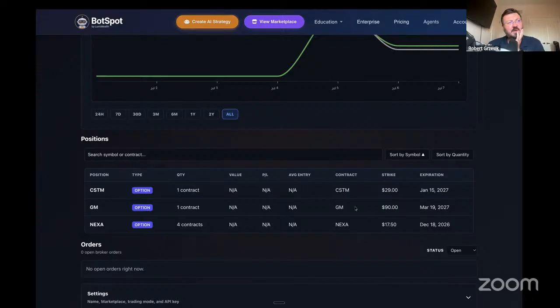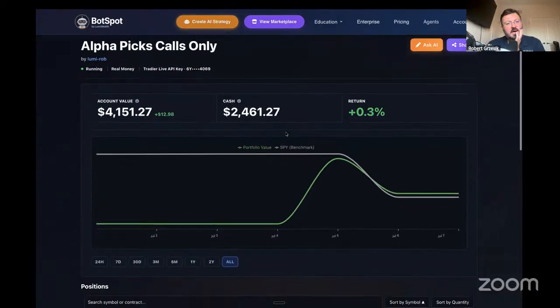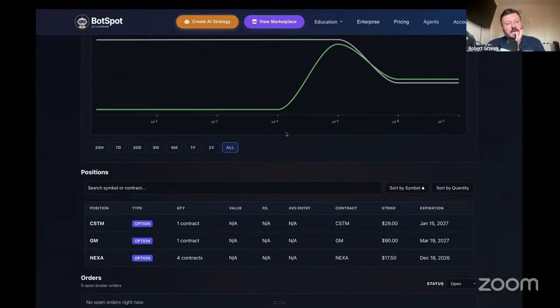I actually was looking into it, and if you guys want to work on this, I started to tweak it a bit. What I noticed with the options strategies one is that it wasn't working the way I would have expected, because it would buy two positions but then basically hold them forever, right?